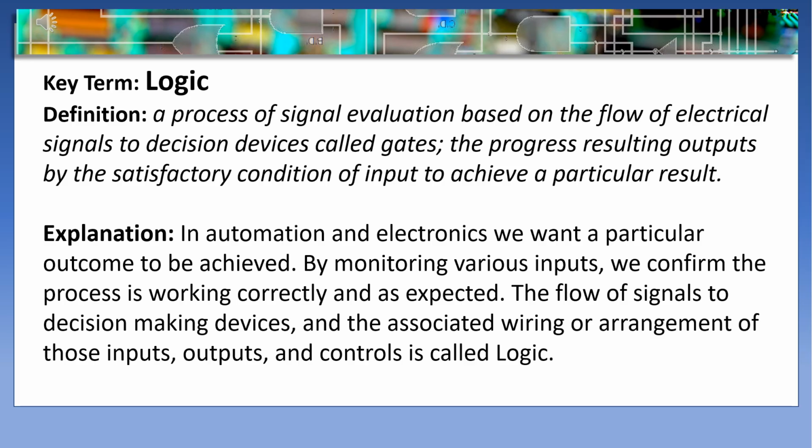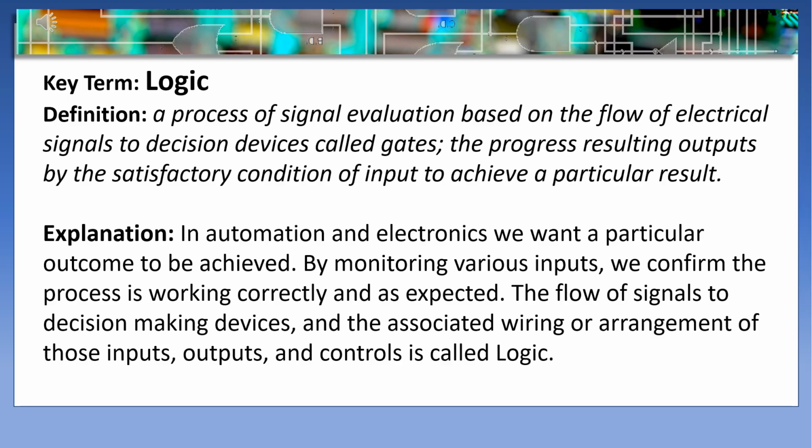The first one is logic. It's defined as a process of signal evaluation based on the flow of electrical signals to decision devices called gates, and the progress resulting in the outputs by the satisfactory condition of inputs to achieve a particular result.